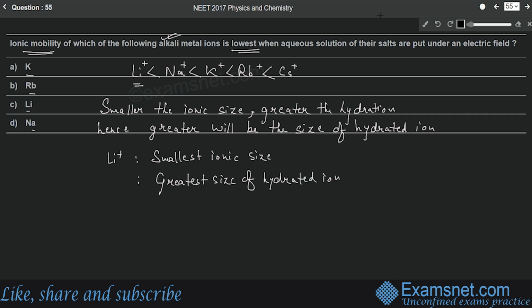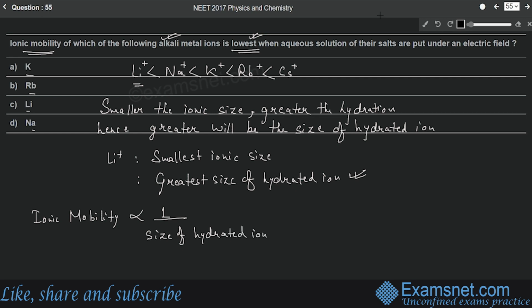Now, here the question is asked about the lowest ionic mobility. So, ionic mobility is inversely related to the size of hydrated ion. Okay, size of hydrated ion.